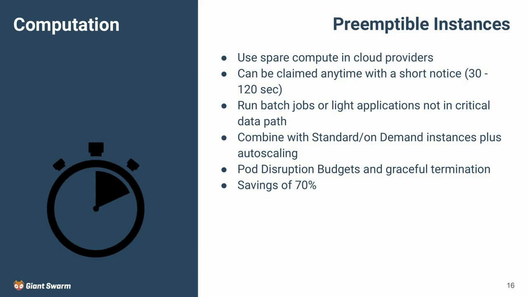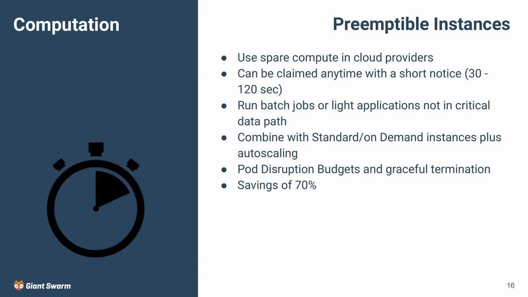Something important to consider is that your application should be architected to run in Kubernetes, but especially on this type of instance, because at the end they have to first be able to shut down gracefully, so they don't leave requests in the middle, or do work that is not idempotent.